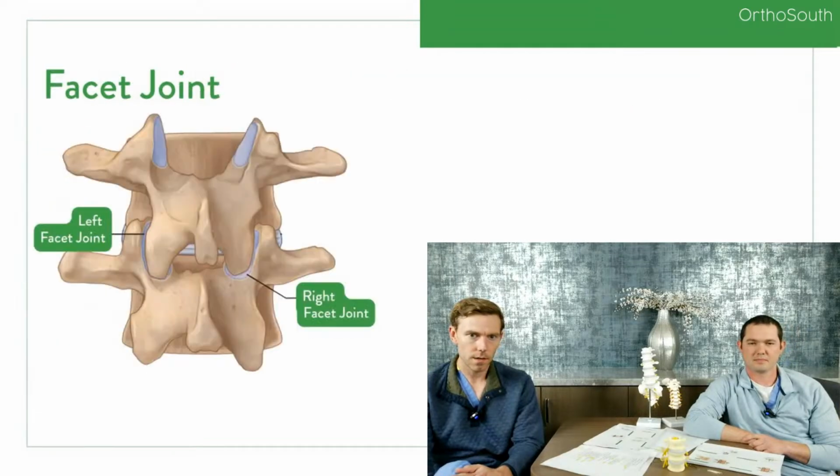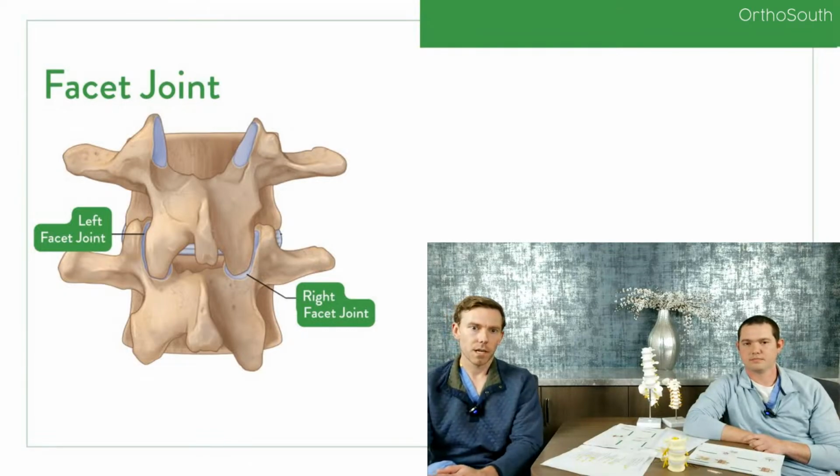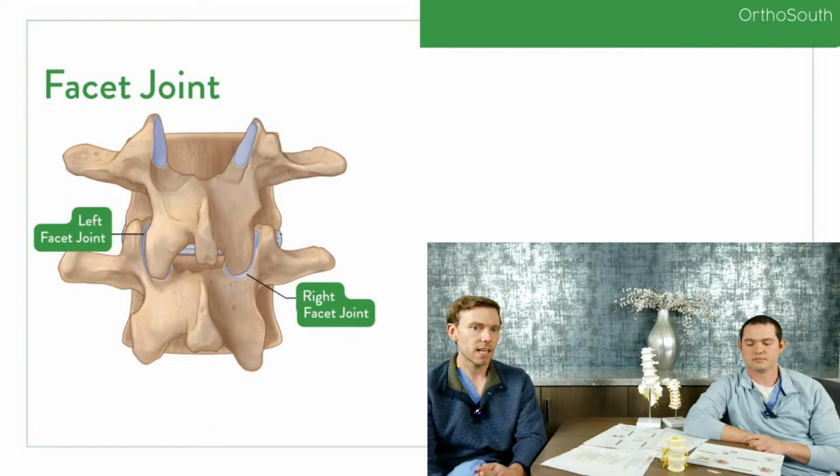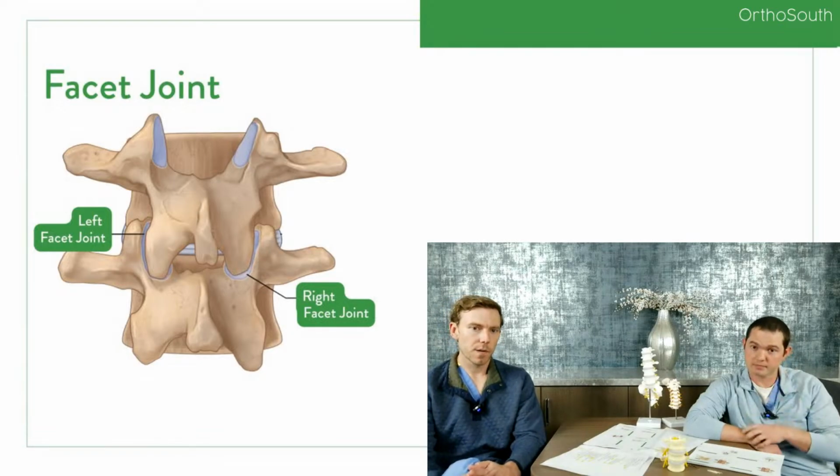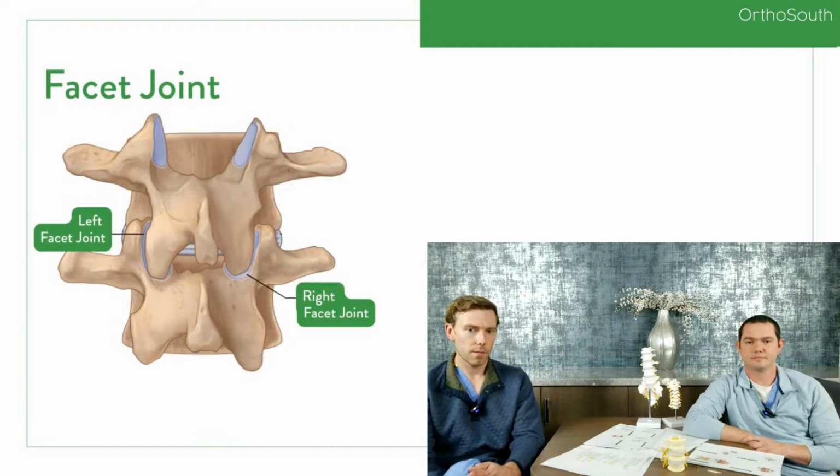So next slide. The next term that you will hear thrown out if you're seeing a spine doctor sometimes is called the facet joint, or sometimes you'll just hear the term facet. There are facet joints throughout your spine, in your cervical spine, thoracic spine, and lumbar spine. At each level of your spine, there are two facet joints, one on the left and one on the right.